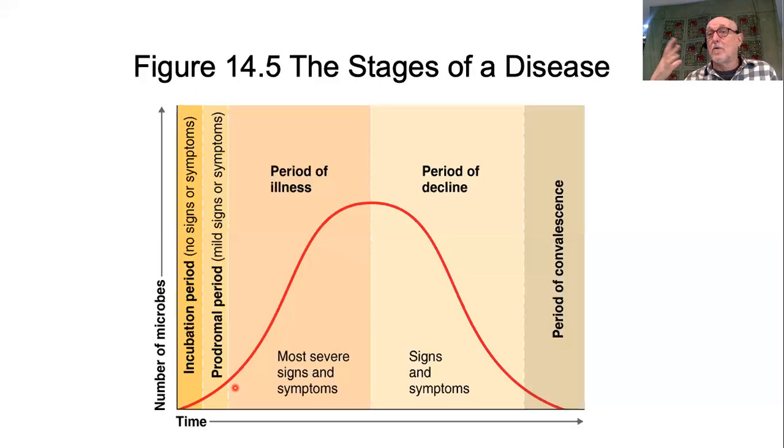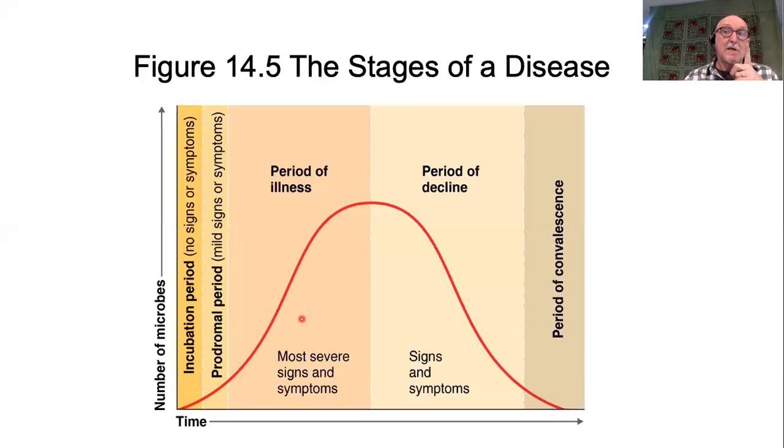The virus, or whatever it is, is reproducing wildly. It is taking over functions of cells in your body. It is damaging cells. You're getting waste products produced. You're now starting to feel really ill.